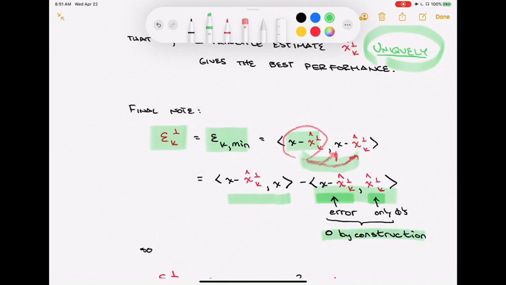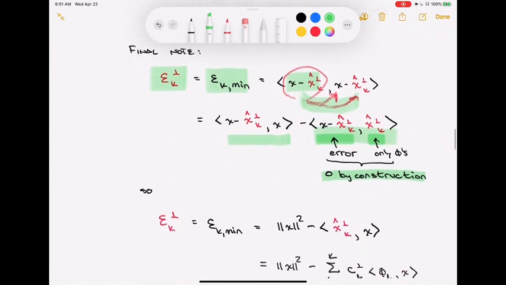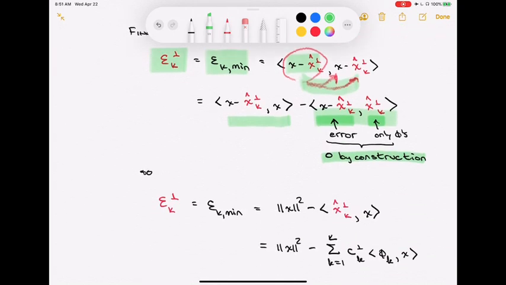We know we get 0 for that whole thing. So what does that give us? That gives us that the error for the orthogonality principle estimate, or the minimum error that we can possibly get, is going to come solely from this first piece.